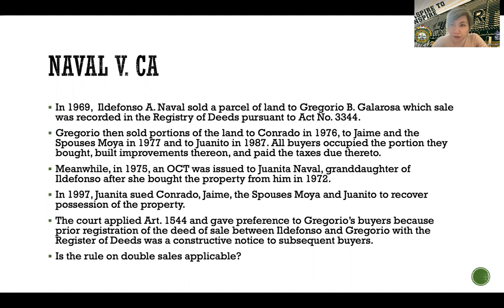However, in 1975, an OCT was issued to Juanita Naval, the granddaughter of Ildefonso, whose land Gregorio had bought. And she claims here that she bought the property from her grandfather back in 1972. So she bought it after Gregorio. In 1997, Juanita, wanting to recover the land, sued Conrado, Jaime, the spouses Moya, and Juanito.